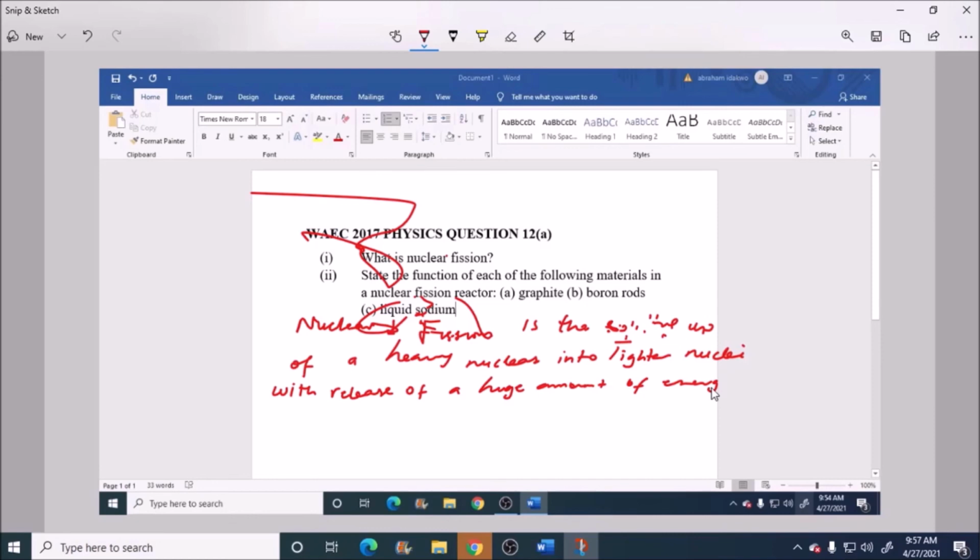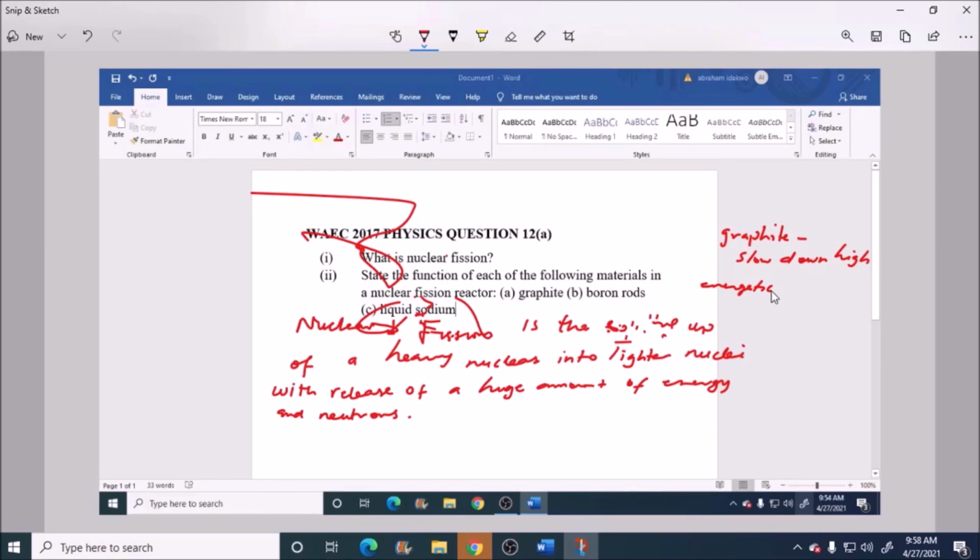Okay, now the function of graphite is to slow down high energetic neutrons.